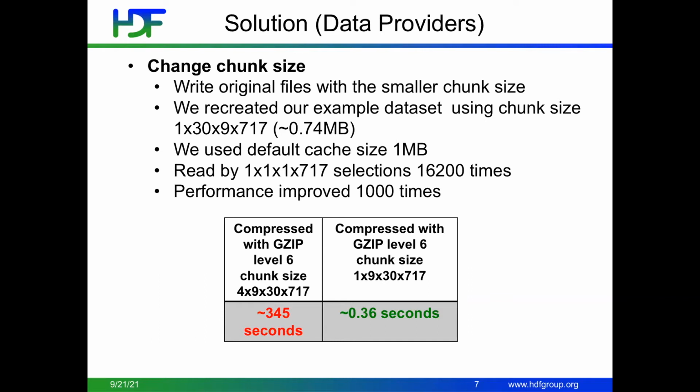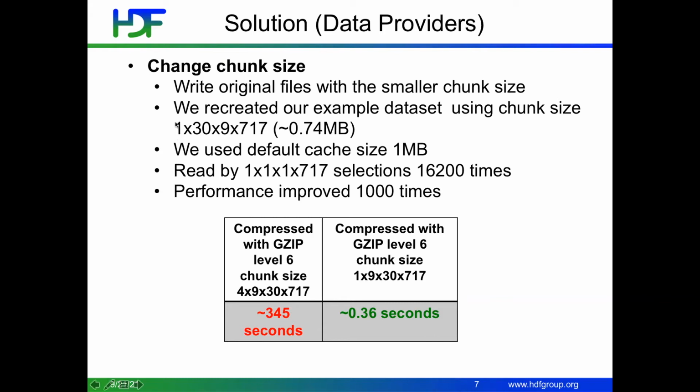And the third tuning technique is something only data providers can do. It's to really think about chunk size and write the original files with a smaller chunk size so that they fit in the cache. We created a chunk size by reducing it, so it will be 1 megabyte.